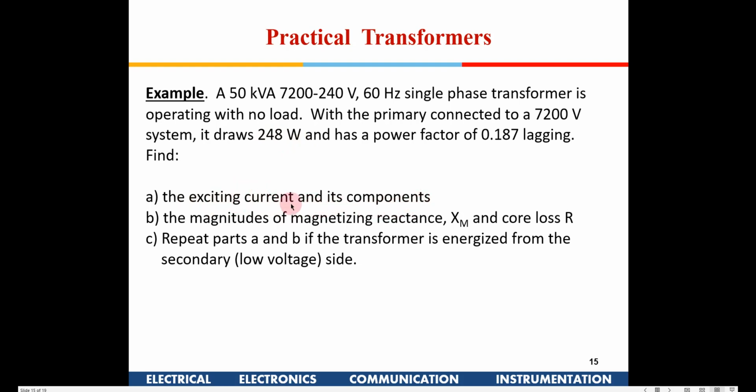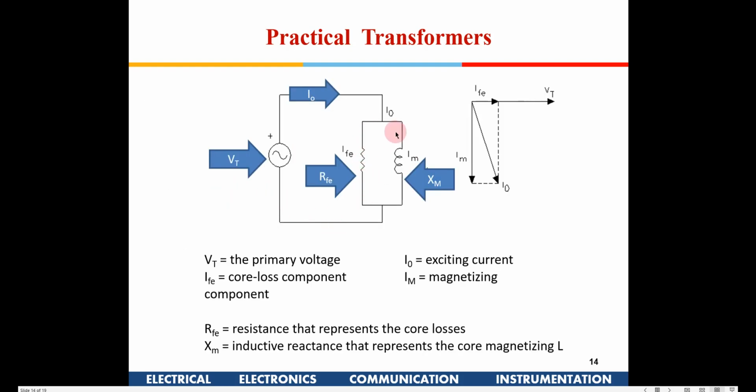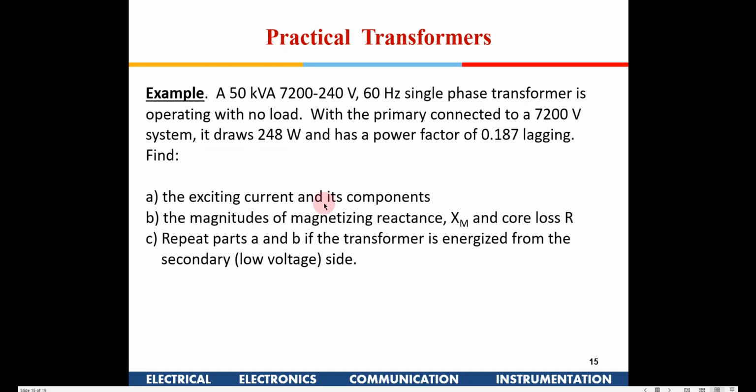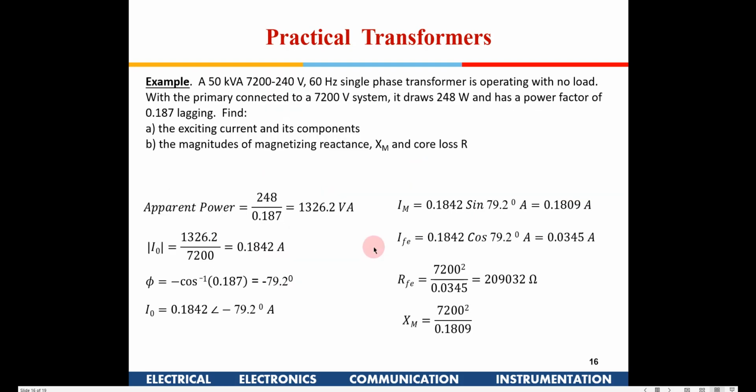Exciting current means these two currents, IFE and IM, and we also need the magnitudes of the reactance. So if you see, this is the power, divided by the power factor, and you get 1328.2 volt-amperes.